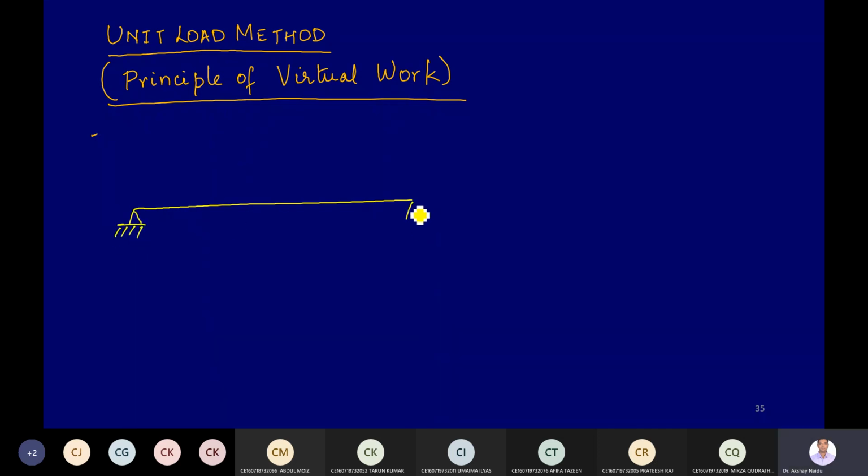I'll explain this again. So at point C, I want to find the deflection. So I apply a unit load here.